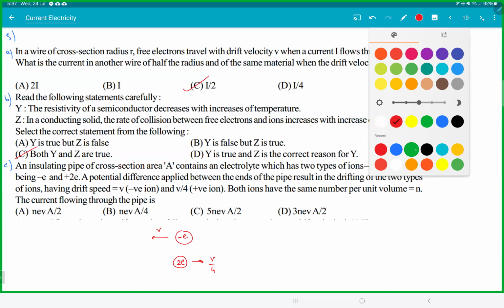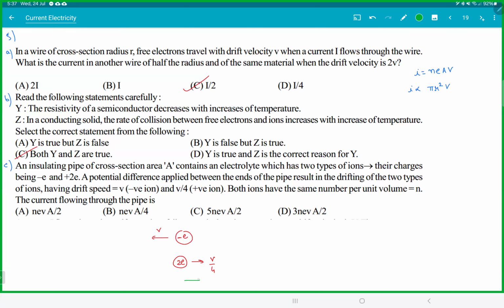Now understand, the flow of positive charge is the current. The flow of negative charge is opposite to the current. So I1 will be N e A V, I2 will be N2 e A V by 4. So the total current will add up.